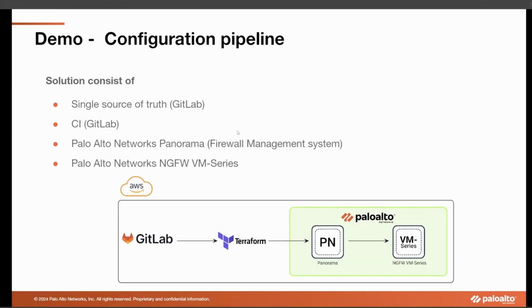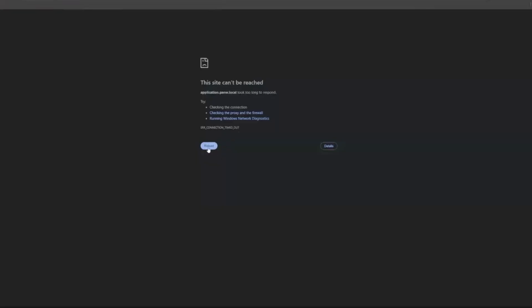We chose Terraform to actually apply the configuration to the devices, and we will be configuring the Panorama with the VM-Series deployed in AWS Cloud. So let's hop into the lab environment and make the changes. As you can see, our application is working but cannot be reached through the internet.